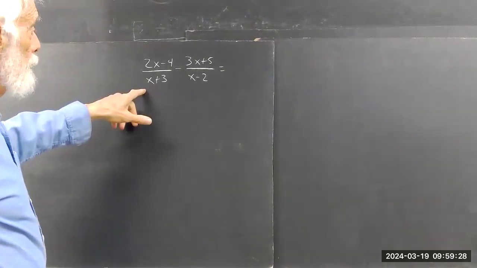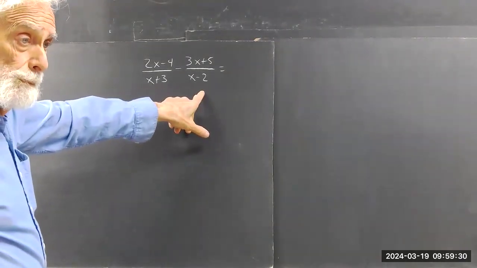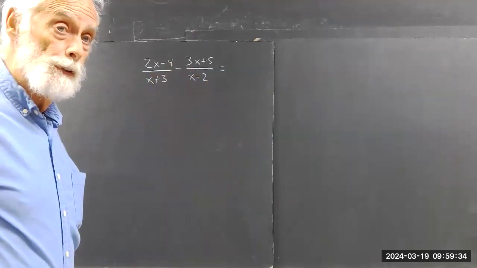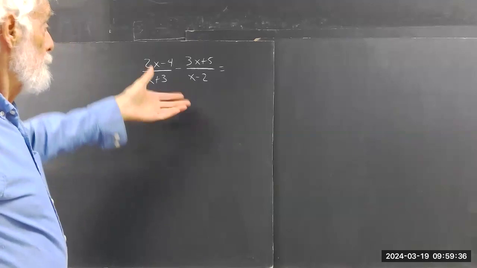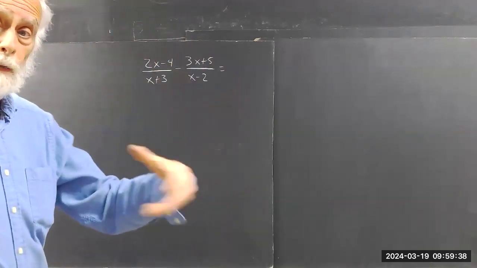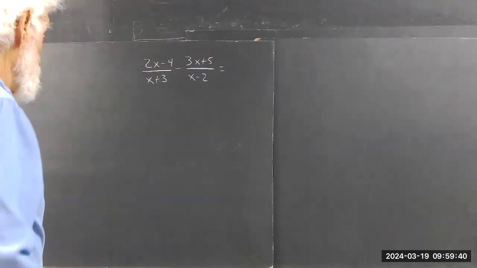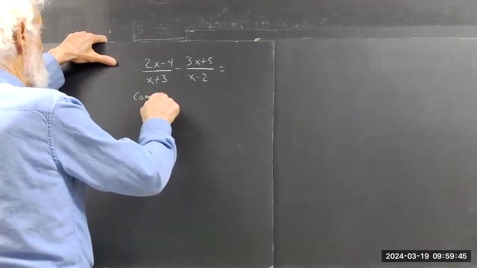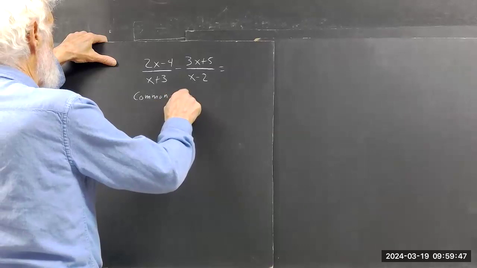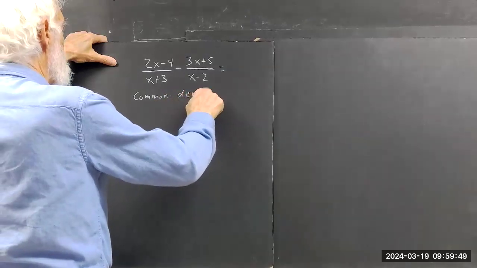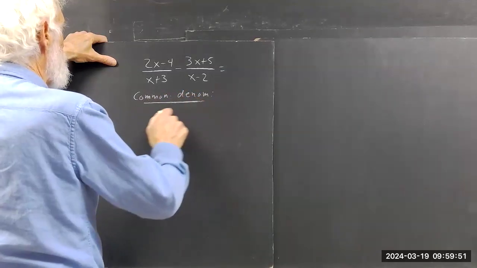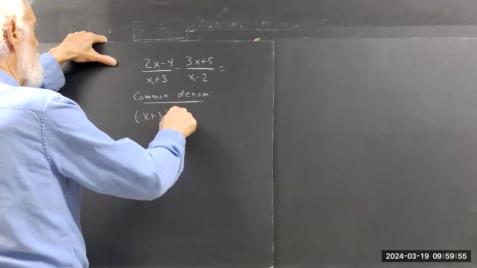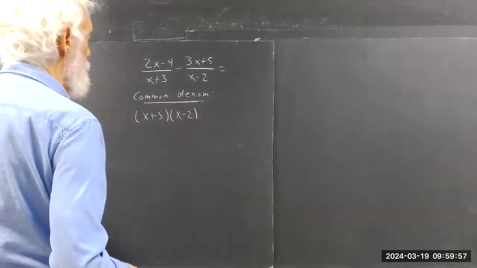Okay, well, how do we deal with this? This is two fractional expressions, and we've got to add them, actually got to subtract them. It involves finding a common denominator. Again, we find the common denominator. Is x plus 3 times x minus 2.